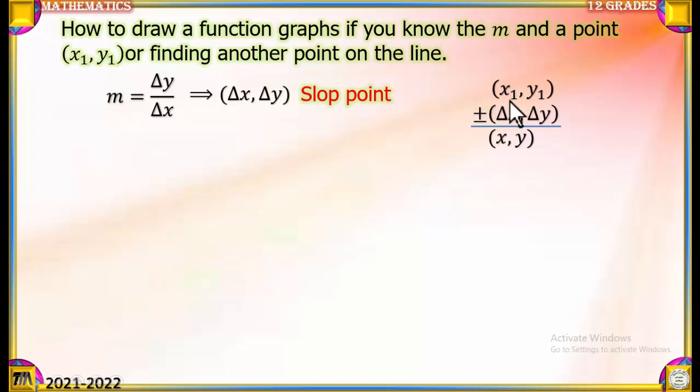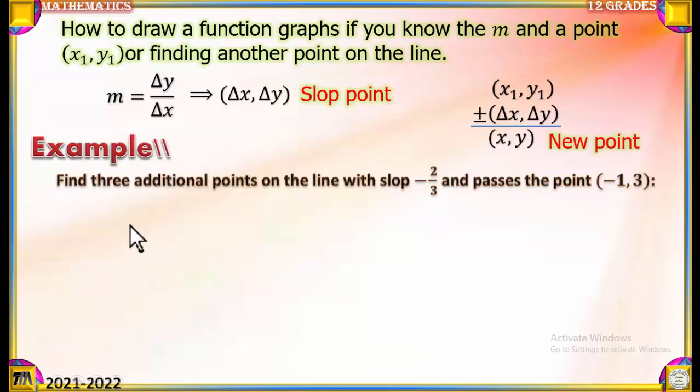Add the point (x1, y1) to the slope point (delta x, delta y), or subtract it, as you like. Then find another point which is called (x, y). This is the new point.